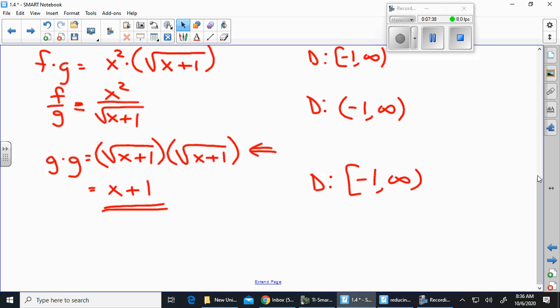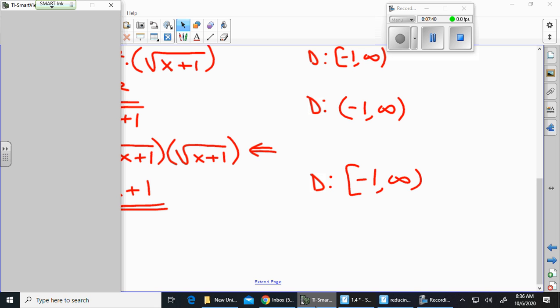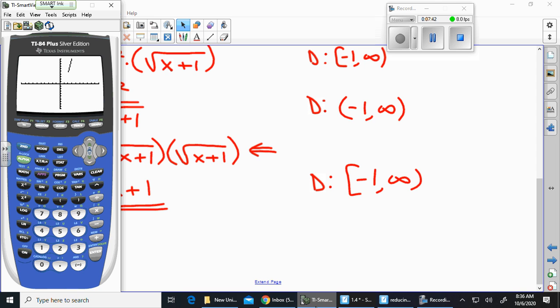A graphing calculator really shows this. If x plus 1 is a line, and you put in the square root of x plus 1 times the square root of x plus 1, in your graph you can see that the domain is negative 1 to infinity.